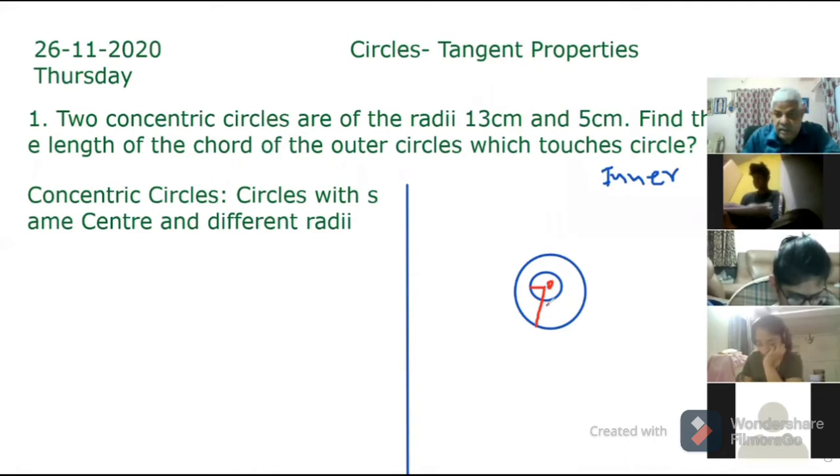So remember, this is 13 and here is 5. And they said find the length of the chord of the outer circle which touches the inner circle. Here the chord is there. I will construct the chord for the outer circle which touches the inner circle.